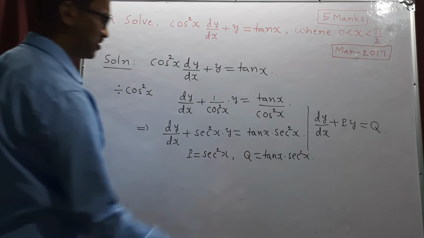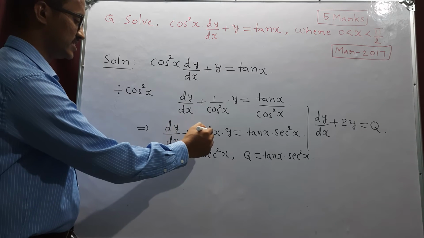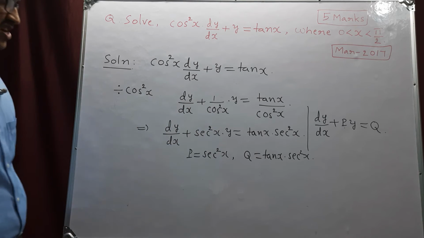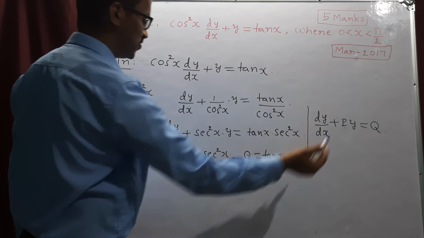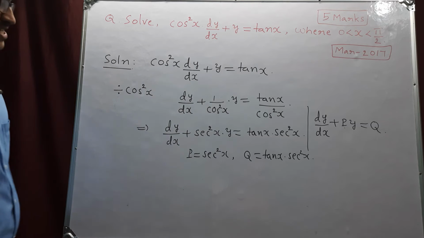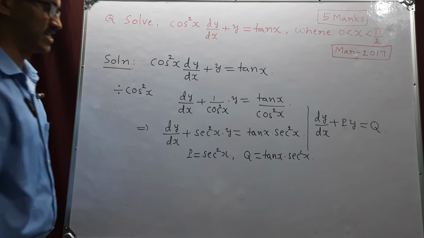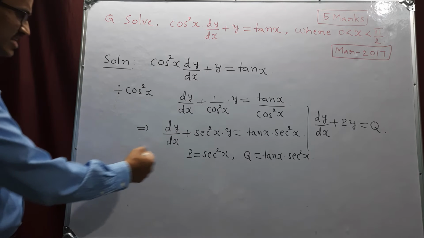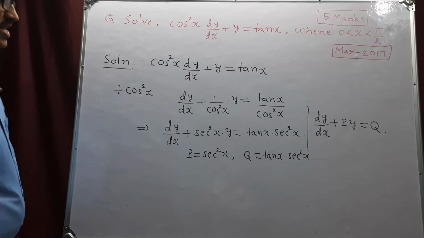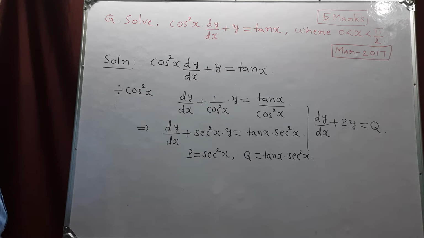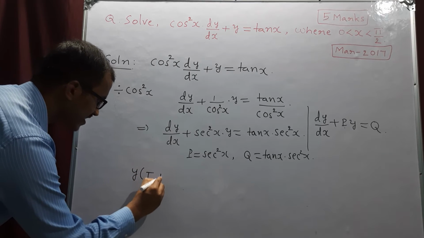So both p and q are functions of x. So we can conclude that this is a linear differential equation of the form dy by dx plus py is equals to q, where p is equals to secant square x and q is equals to tan x secant square x.